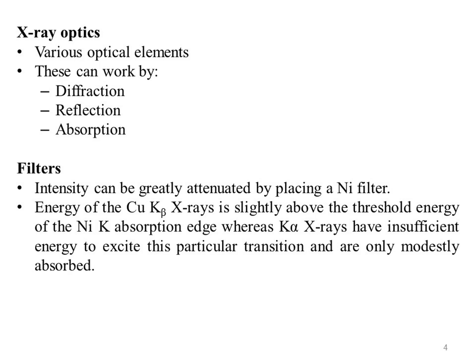The energy of the copper K beta X-rays, lambda equal to 1.392 angstrom, is slightly above the threshold energy of the nickel K absorption edge, lambda equal to 1.488 angstrom, which thus absorbs this wavelength strongly, whereas K alpha X-rays having lambda 1.542 angstrom have insufficient energy to excite this particular transition and are only modestly absorbed.